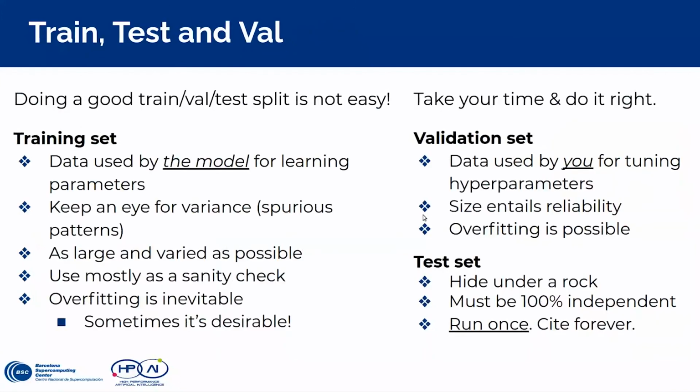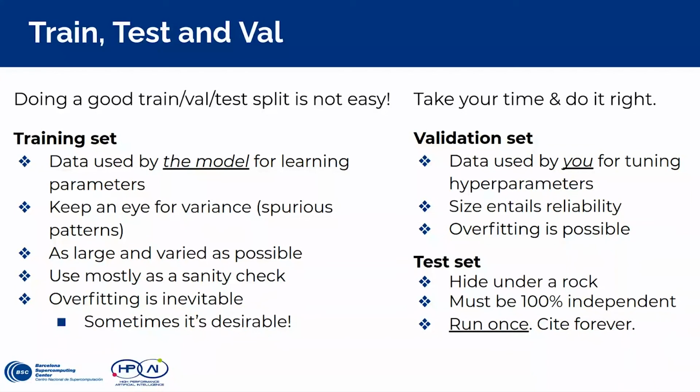So this is a slide I like to put for sanity reasons. I mean, pretty much everyone working on artificial intelligence, data science, or anything related should be aware of the importance of separating your data into a train, test, and validation set, because otherwise you cannot trust your results.